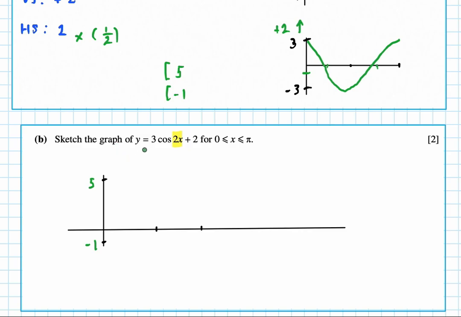So squash it in, so it should go from 0 to pi instead of, like that, but I'm not going to use all of this. That's what it would have been originally, and we don't need anything from the halfway point onwards.